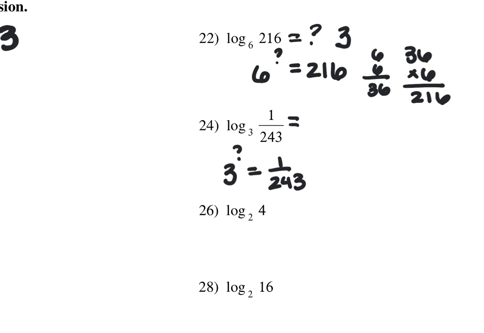So it's a fraction. So we know it can't be a positive exponent. So after putting different negative exponents into the calculator, we can solve. After putting it in the calculator, we get negative 5.